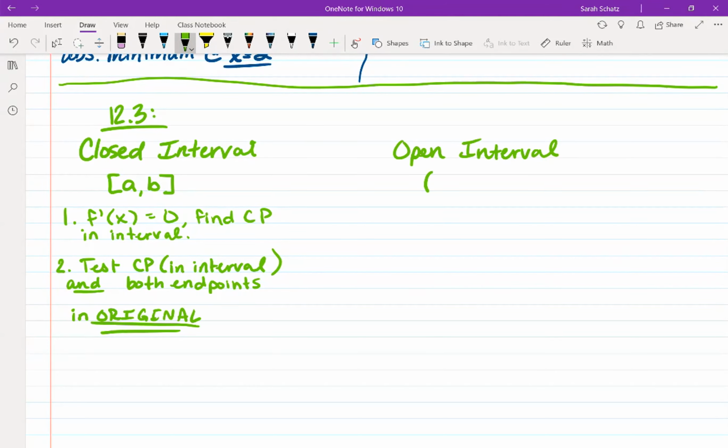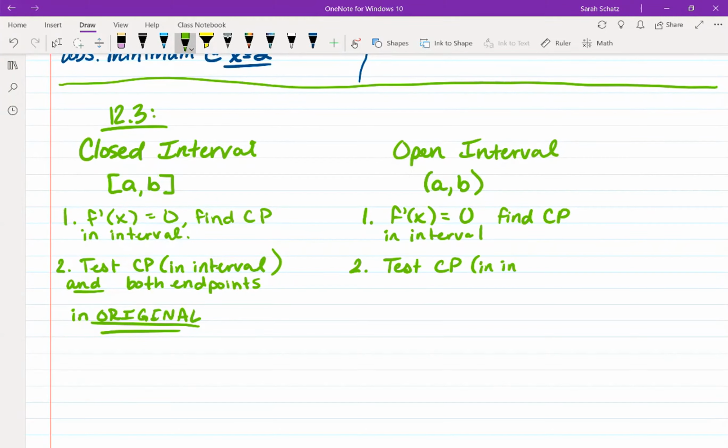And then open interval would look like this. You have your interval with the parentheses. You guys, step 1 is the same. But honestly, step 1, other than the interval part, has been the same since we've been in chapter 12. You set f prime equal to 0 to find critical points in your interval again. And step 2, though, is where it's different. You do test those critical points, but only test the critical points.